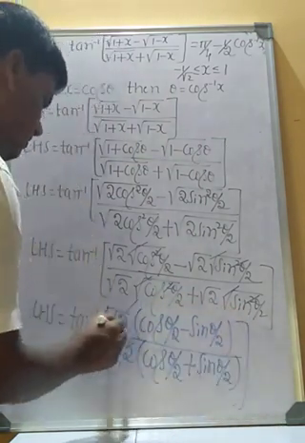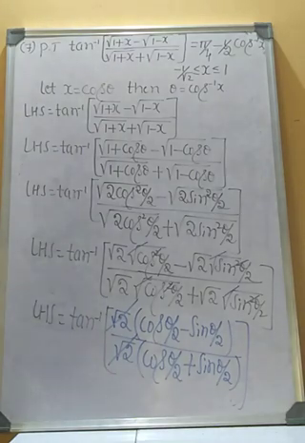Here numerator root 2 and denominator root 2 get cancelled.